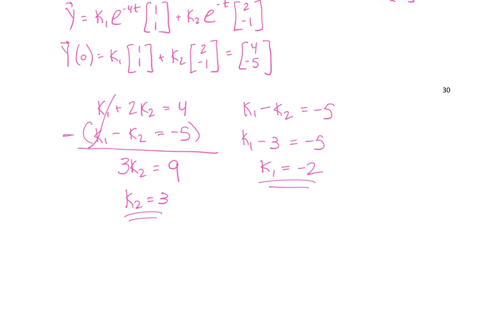So the solution is this function, but I now know k1 and k2, so I'm just going to replace them. So y equals negative 2 e to the negative 4t times 1, 1 plus 3 e to the negative t times 2, negative 1.